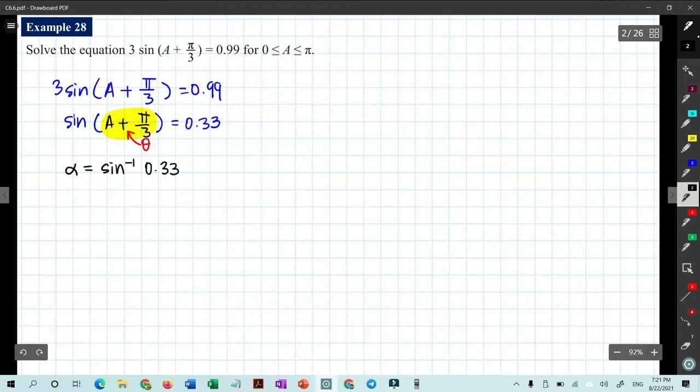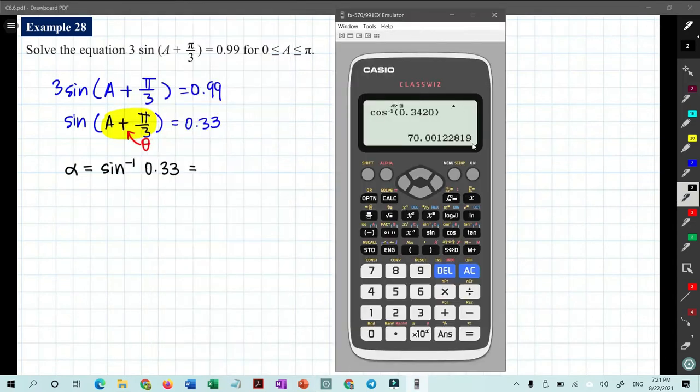0.33, and the value is equal to, before we proceed, let's change the mode of the calculator to radian. Shift menu, we choose angle unit, choose radian.